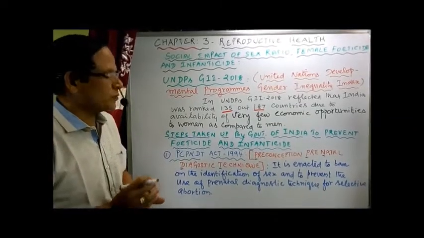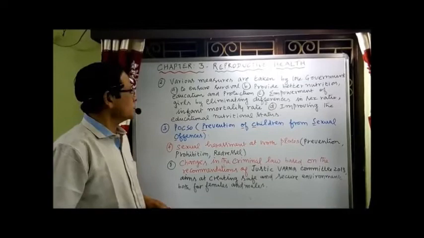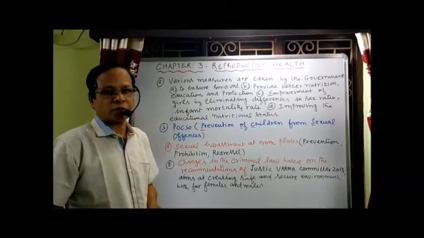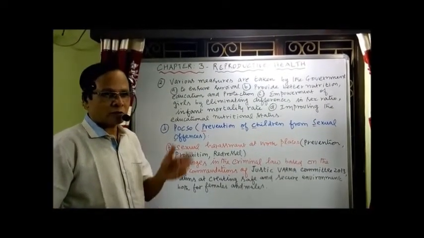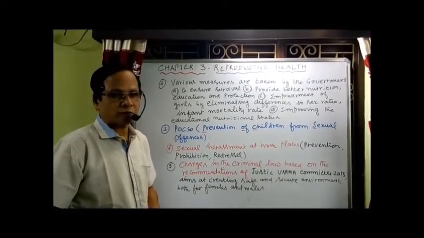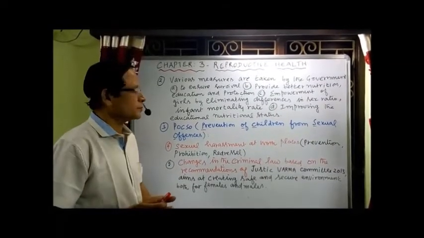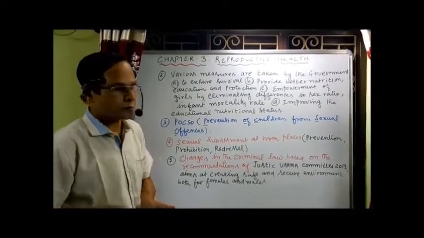Now what are the other measures taken by the government? The first one we have already seen, the 1994 PCPNDT Act, the prevention of identification of sex.